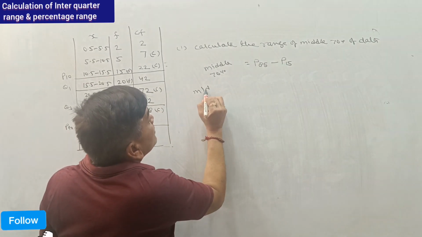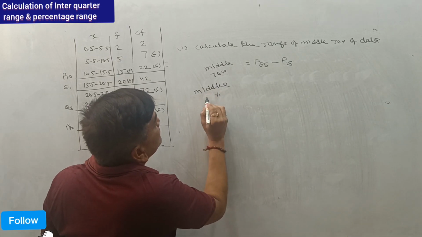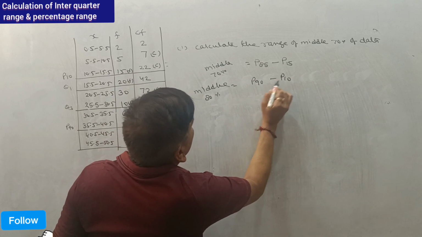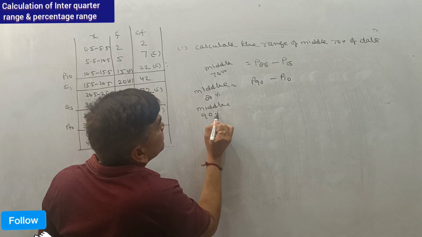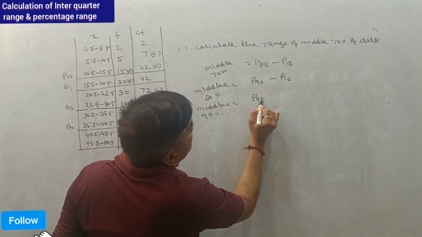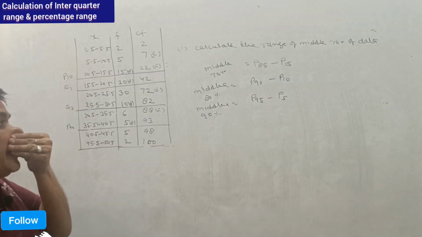For the middle 80%, then P90 minus P10. For the middle 90%, then P95 minus P5, that is the middle 90%.